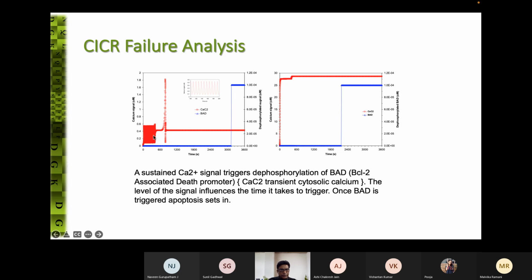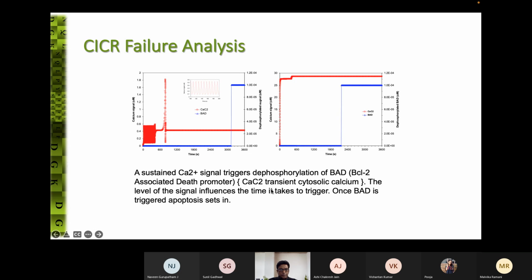If you see here, you just looked at the oscillation of the signal based on adding some ligands, and you were looking at a particular output from one of the proteins there.